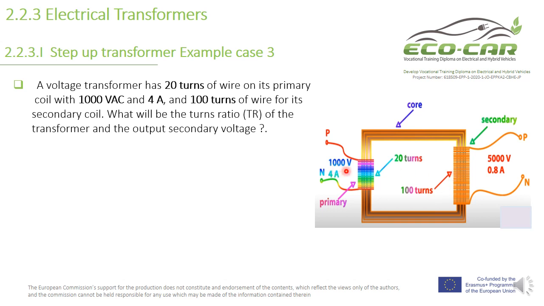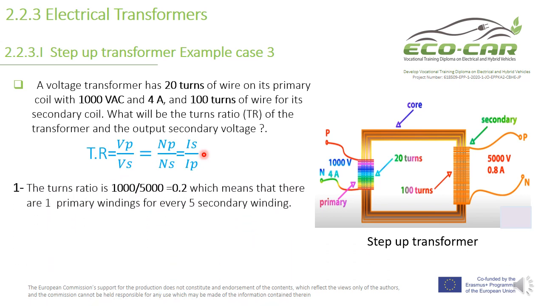We have here 1000 volts, 4 amperes. What will be the turns ratio in this case, and what is the secondary voltage, using the equation of the turns ratio corresponding to the voltage and current?